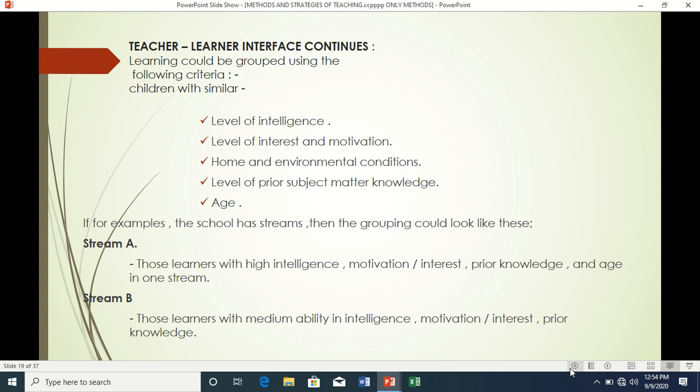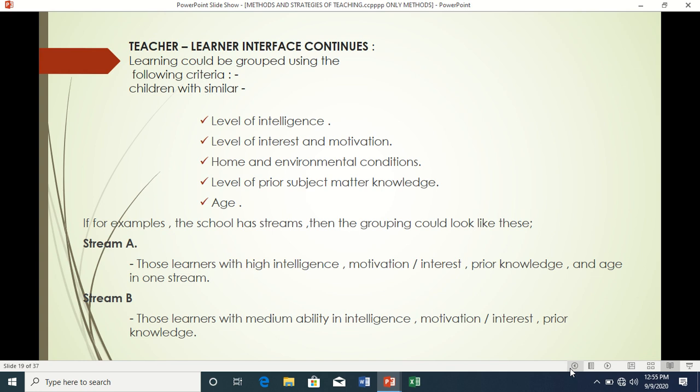We are aware of that. So teacher-learner interface continues that learners could be grouped using the following criteria, and that is children with similar level of intelligence, level of interest and motivation, home and environmental conditions, level of prior subject matter knowledge, and age, for example.